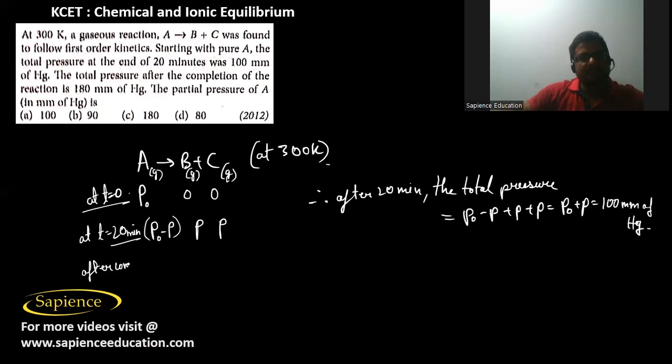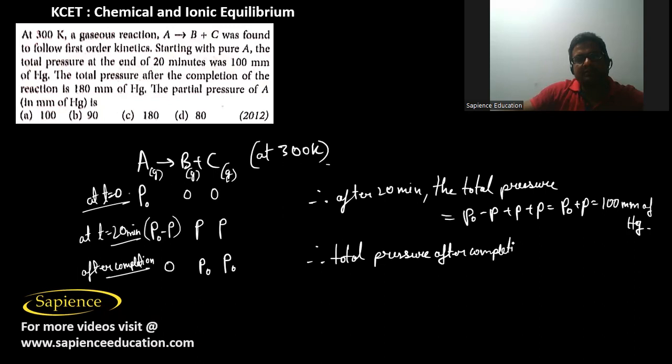After completion of the reaction, A will completely react, so finally it will be 0, and P naught and P naught for B and C. So the total pressure after completion will be equal to 2 P naught, and that is equal to 180 millimeter of Hg. So it means P naught will be equal to 90 millimeter of Hg.